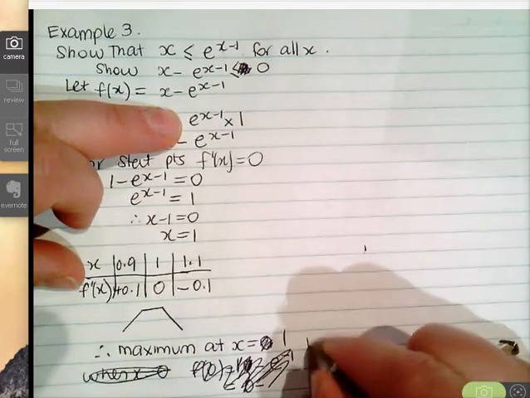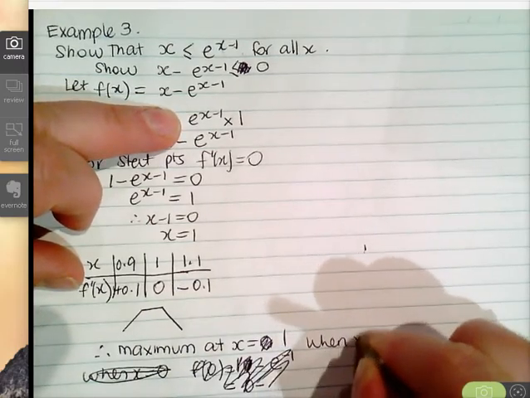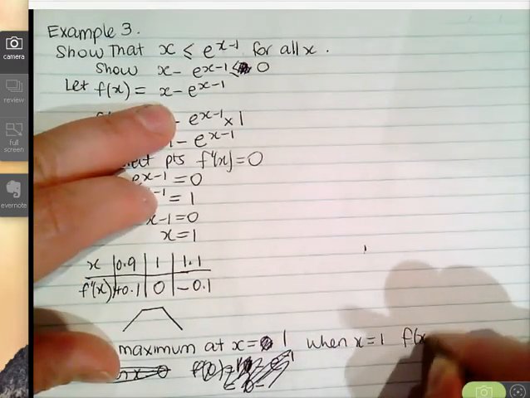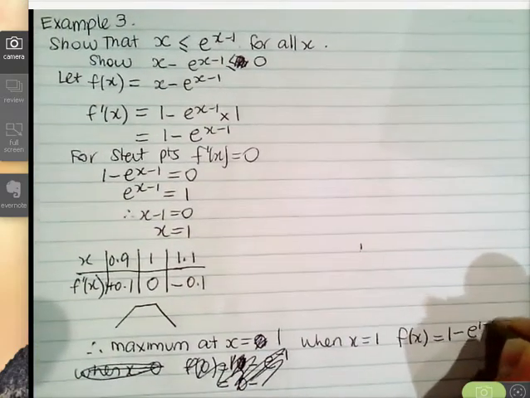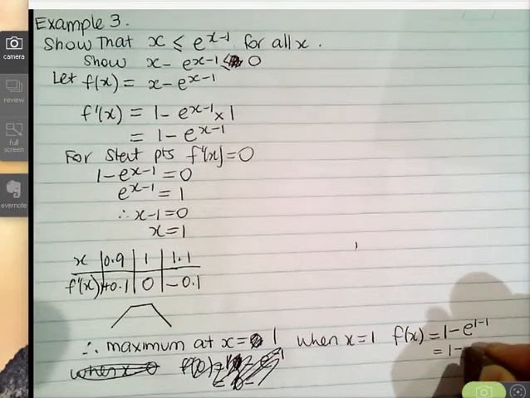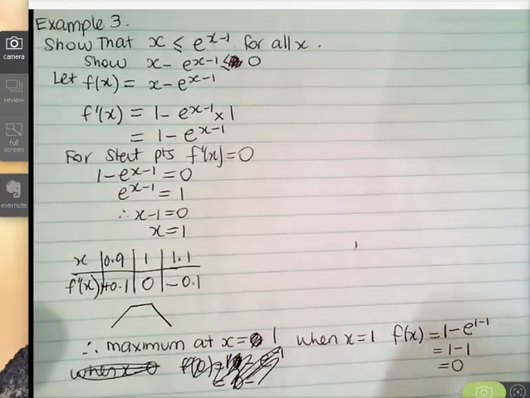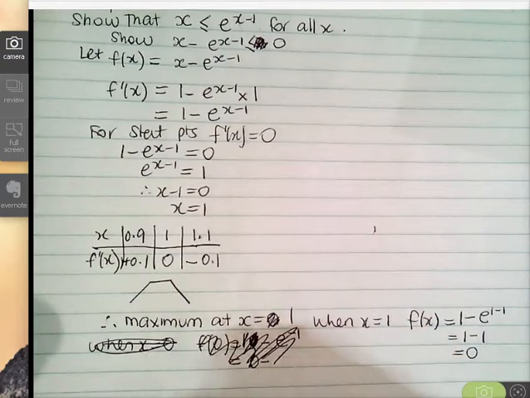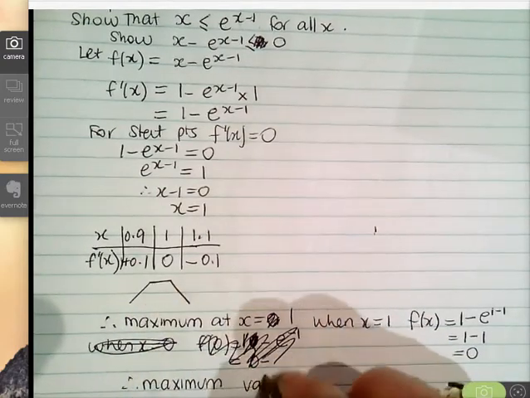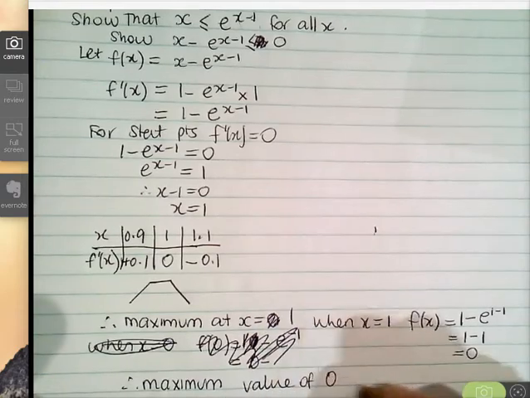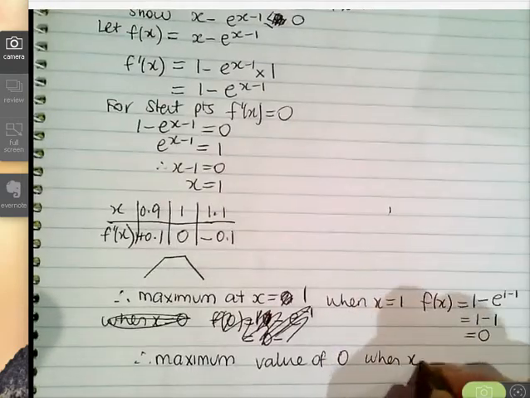So when x is 1, function of x is 1 minus e to the 1 minus 1. So it's 1 minus e to the 0, which is 1 minus 1, so it's 0. So therefore, we have a maximum value of 0 when x is 1.